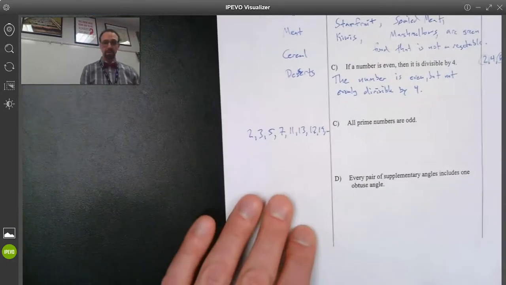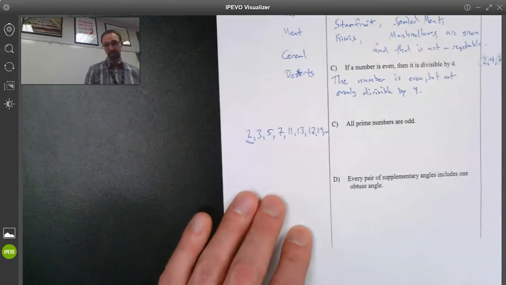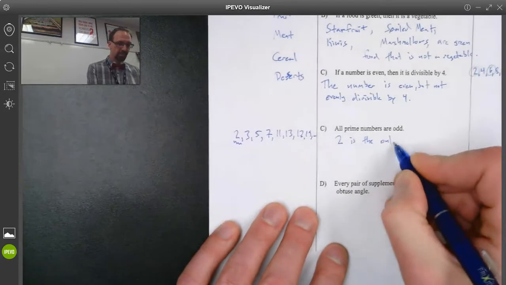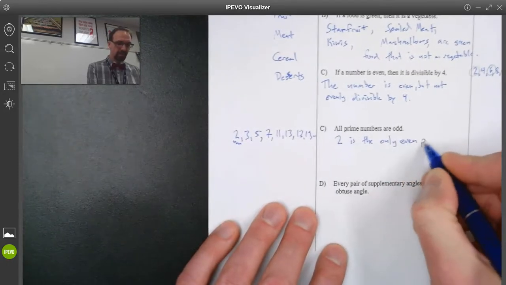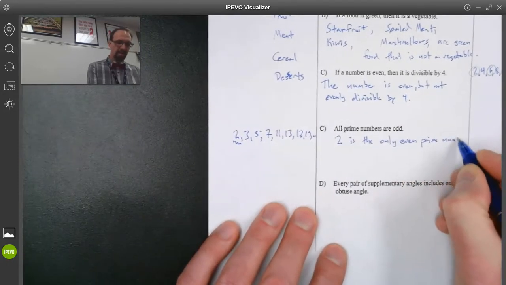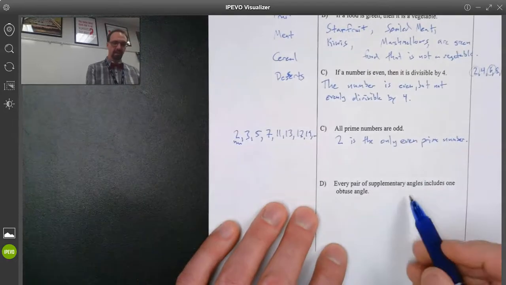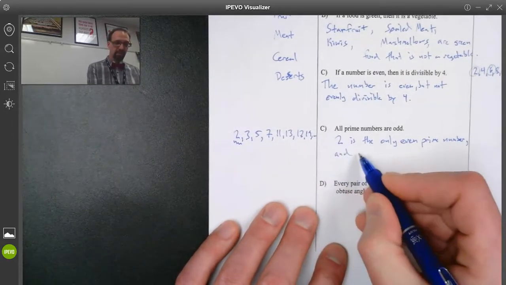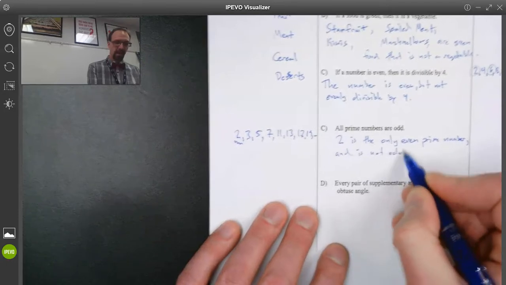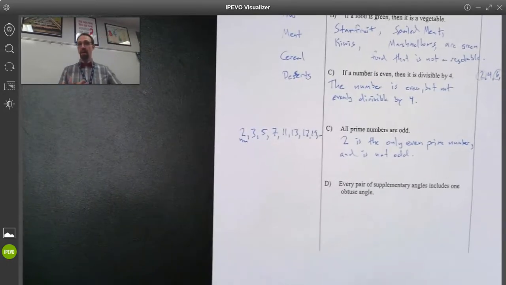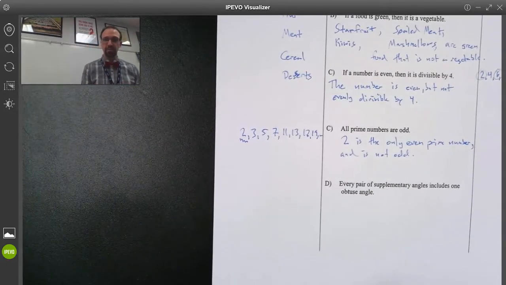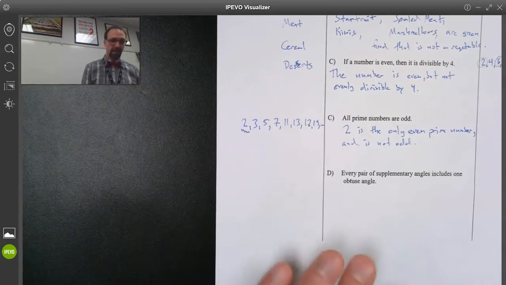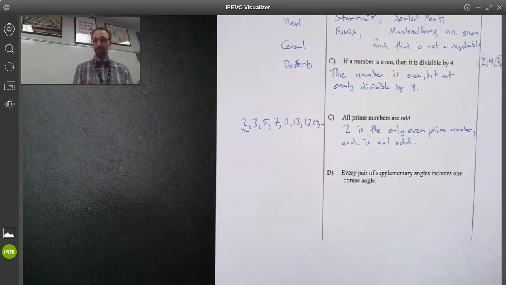So 2 is the only even prime number. However, that doesn't answer this question because it says are odd. 2 is the only even prime number and is not odd. I do need to spell that out. So whenever you're producing a conjecture or showing that something is false by finding a counterexample, you need to actually say why it is false.